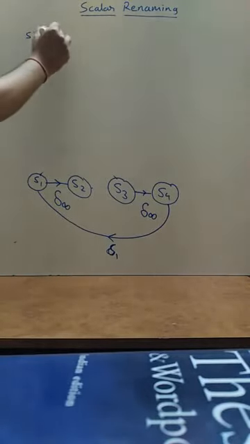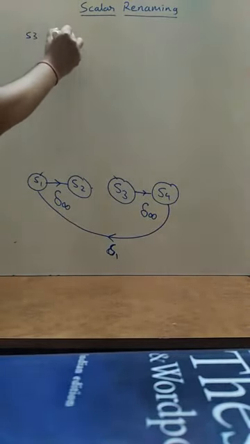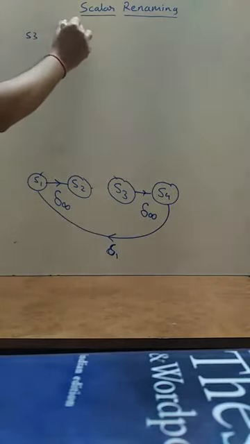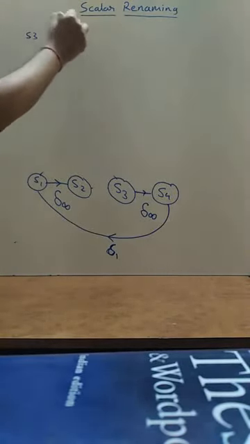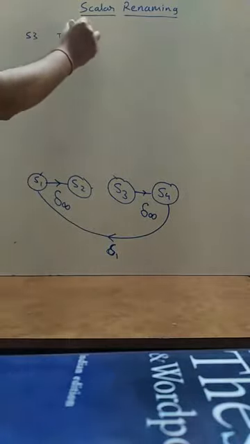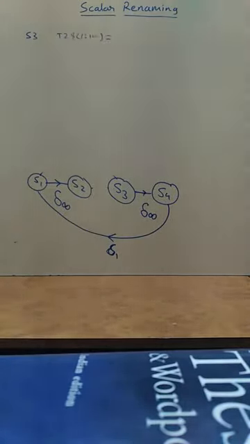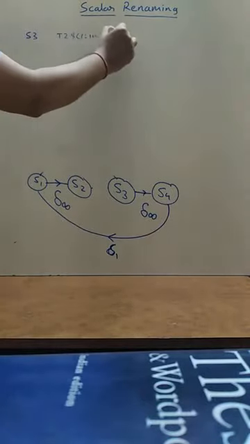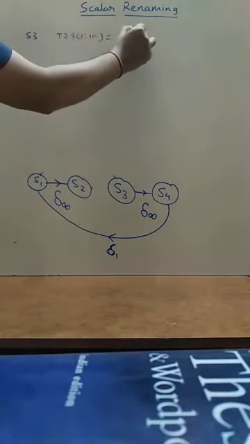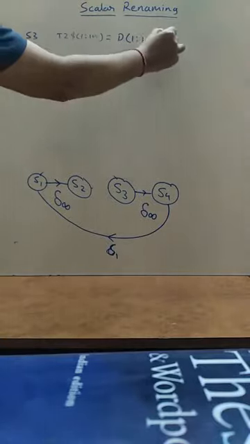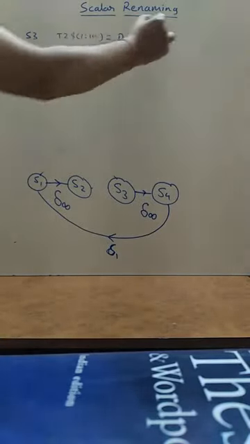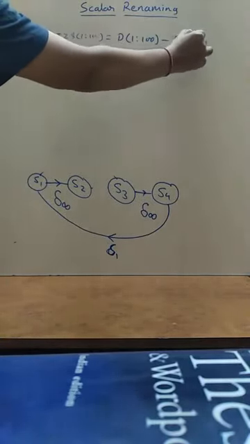After that you can also apply scalar expansion. So if you apply scalar expansion, this T2 becomes T2 dollar, and inside that it would go 100 times. Okay, and the right hand side is D of 1 to 100 minus B of 1 to 100.